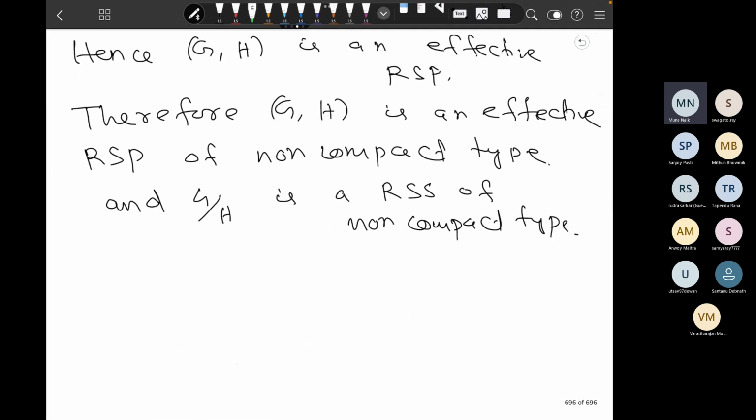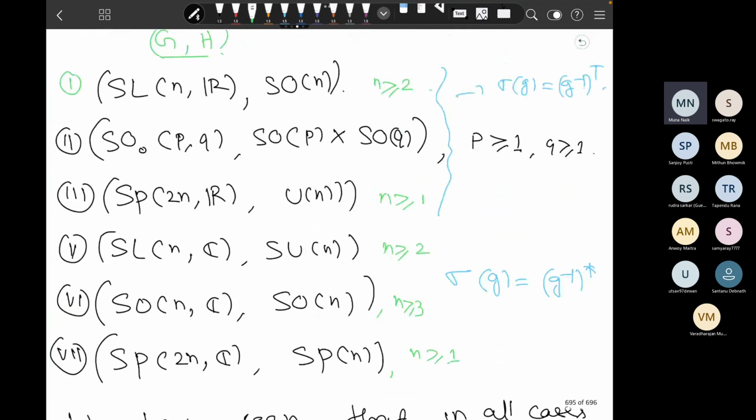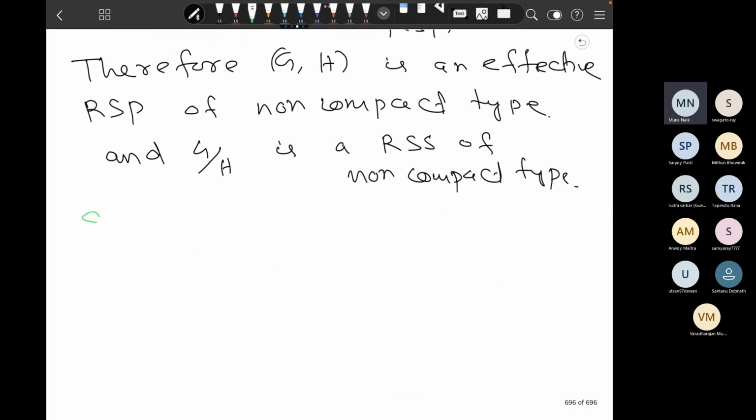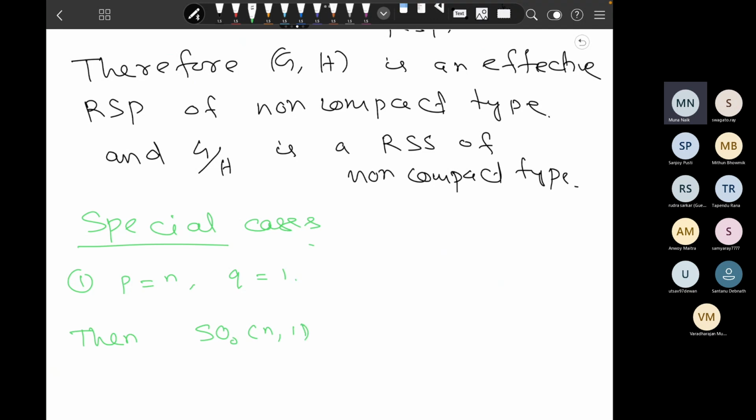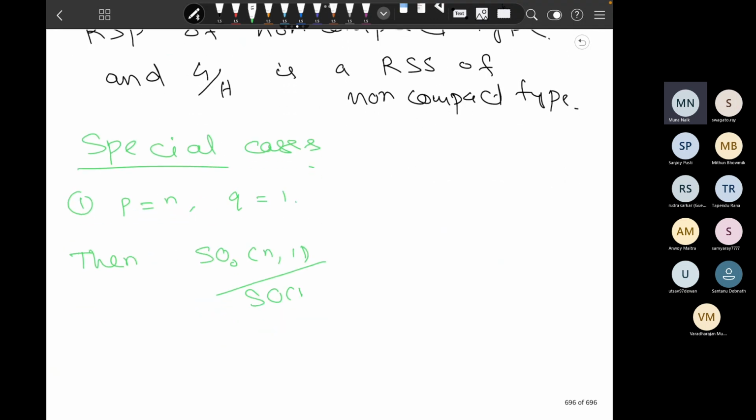So we have proved that G mod H is a Riemannian symmetric space of non-compact type. We have two special cases. First, p is equal to n and q is equal to 1, then SO(n,1) mod SOn is an RSS of non-compact type.